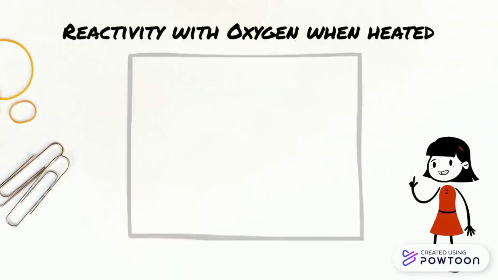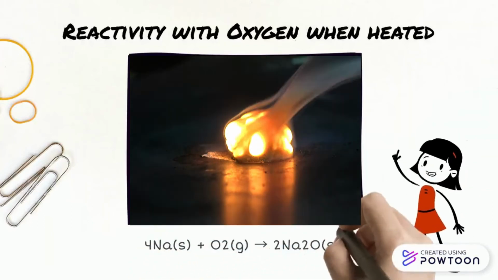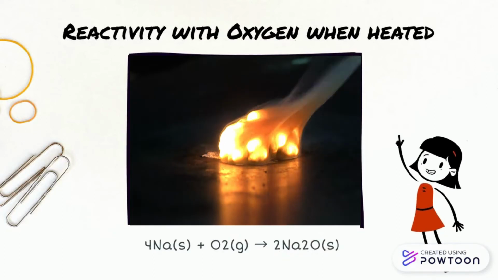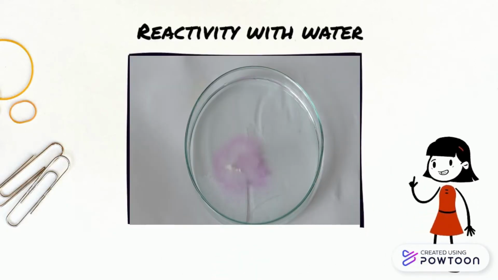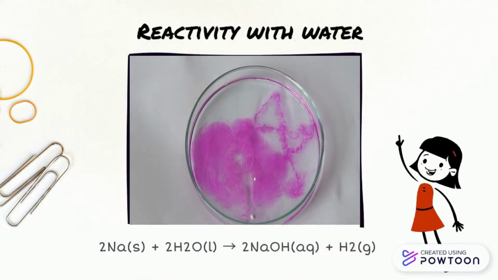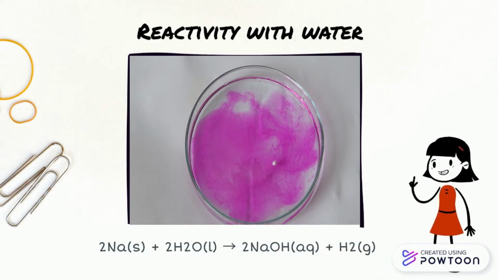It combines and reacts with oxygen at room temperature. When heated, it combines very rapidly, burning with a brilliant golden yellow flame. Other than that, sodium also reacts violently with water. When sodium reacts with water in the presence of phenolphthalein indicator, the solution quickly turns pink, indicating the presence of a base.